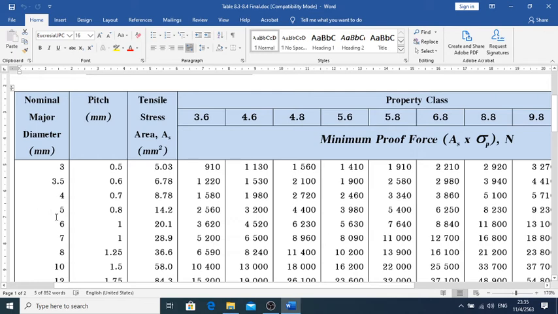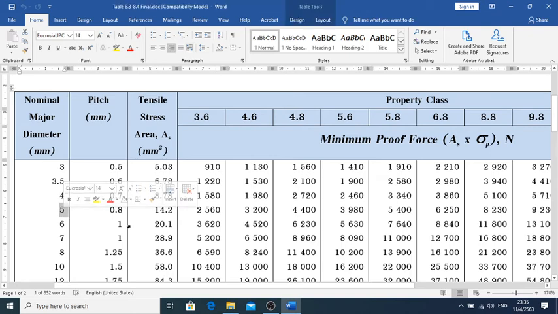For instance, if I use the major nominal diameter of M5 with the property class of 4.8, the manufacturer guarantees that the bolt can be used with a minimum force of 4,400.